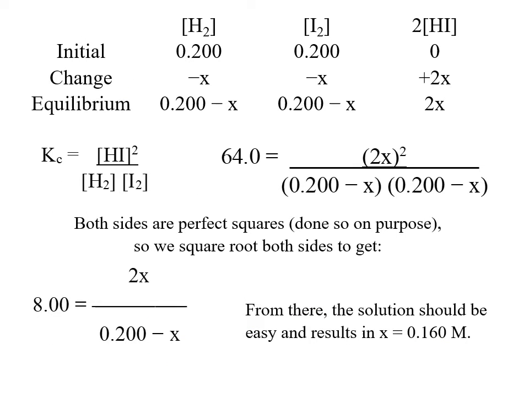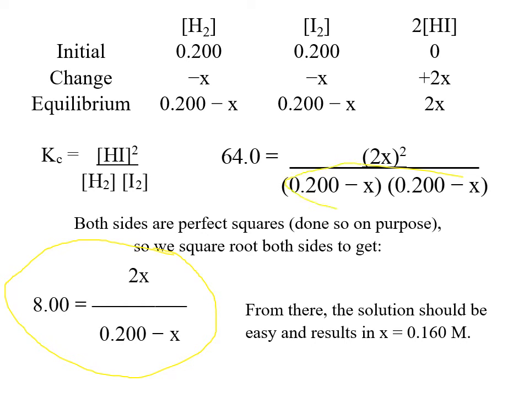Okay, so when I plug that into my equilibrium expression, and remember our K was 64, 64 is something I can take the square root of, and if you notice, if I take the square root of both sides, I come out with this. Why? Because it's a perfect square, right? This is 0.2 minus x squared.